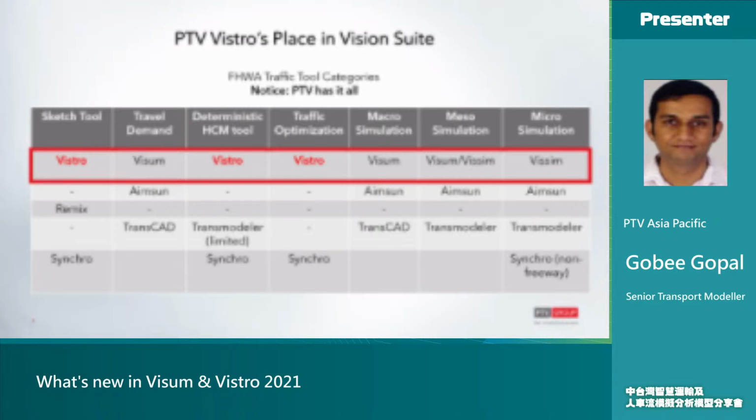But compared to our competitors, some of them are lacking. So this is a table not produced by PTV. This is a table produced by the US Federal Transportation Organization.